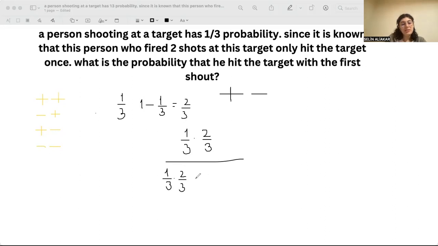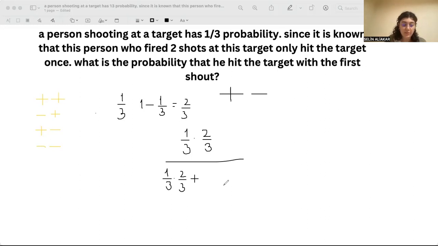Then we will write the second probability. We have to sum up because there is a connector between them.